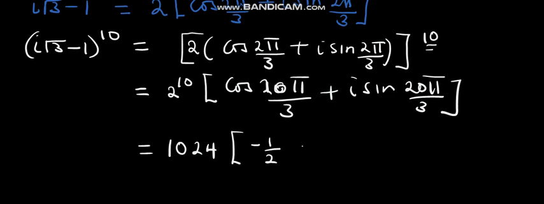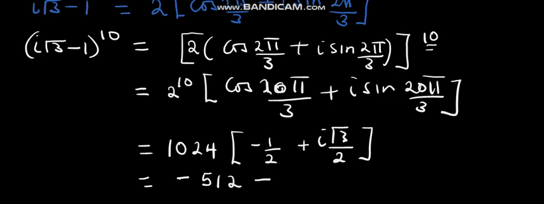It is plus i√3 out of 2. Now we shall expand and we shall have negative 512 plus i 512√3. Now that is (i).